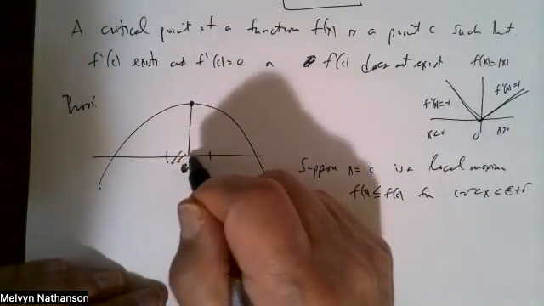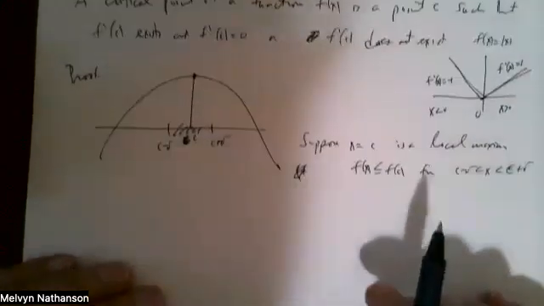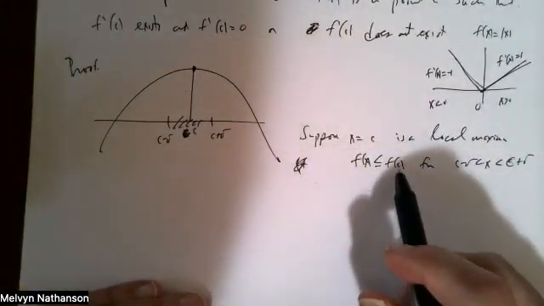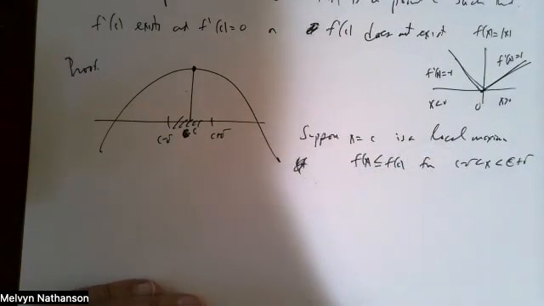So there's some interval, and in that interval, f of c is bigger than or equal to f of x. That's the local maximum.